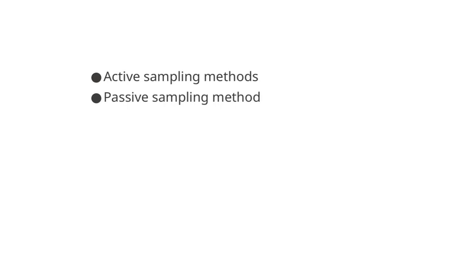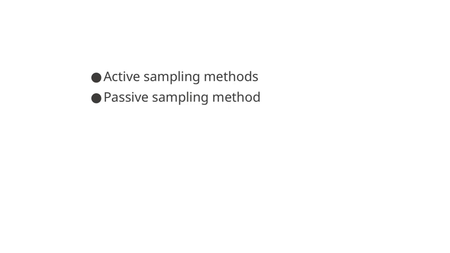All right, let's talk about active sampling methods. These are techniques where we take a proactive approach to selecting samples, often aiming to gather the most informative data possible. The idea is to strategically choose samples that will give us the greatest insight or improve our model efficiently. Now, contrasting that with passive sampling methods, which are more about collecting data without specific targeting.